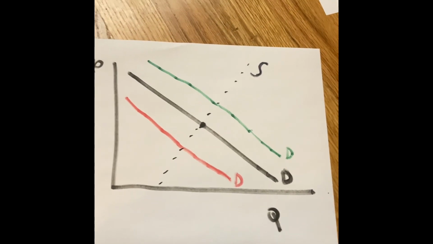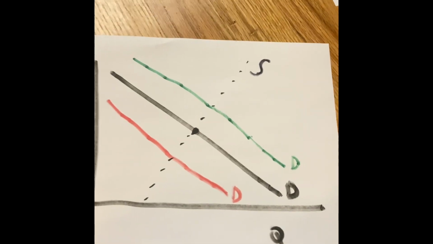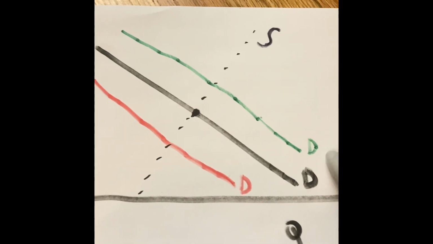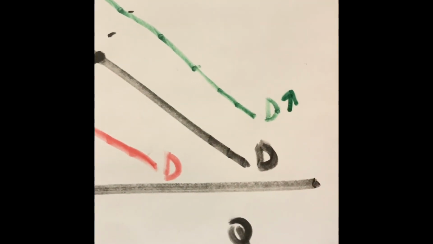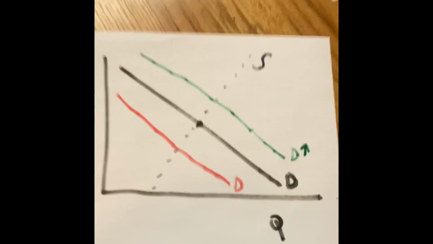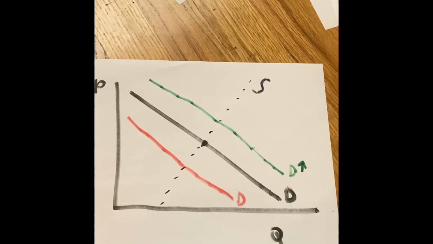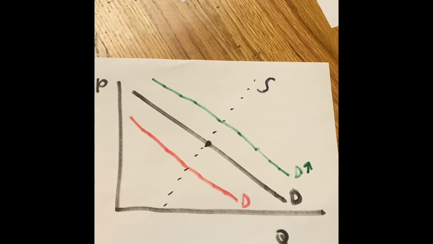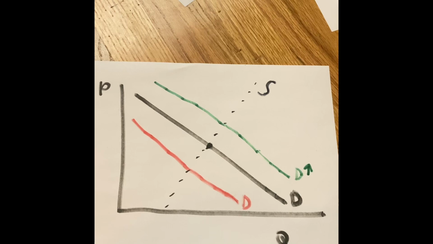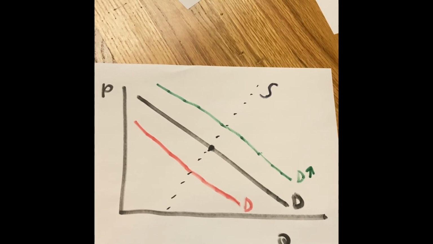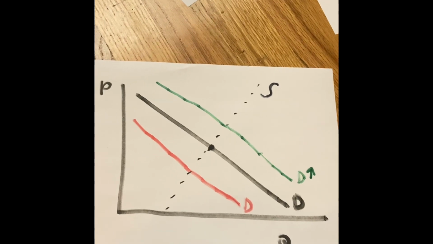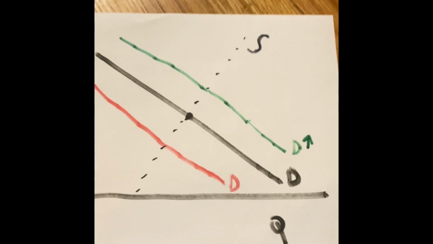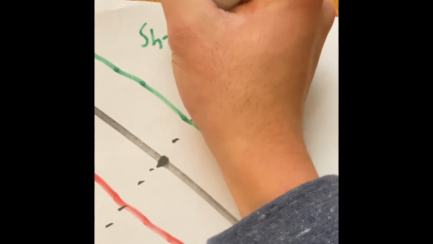So we're going to start thinking about what happens if the demand goes up. What would happen if demand goes up? The thing is, we did not change the supply, and the only thing that changed was the demand, not price. So what it looks like here is that there is going to be a shortage.